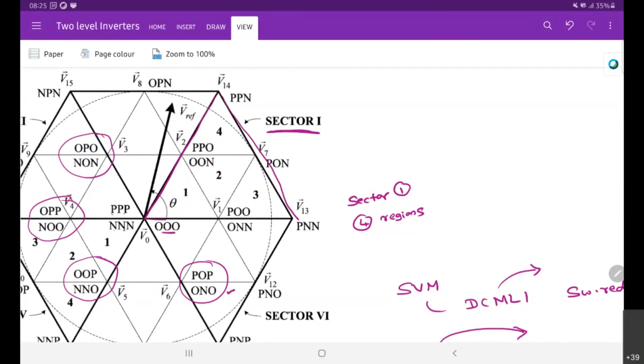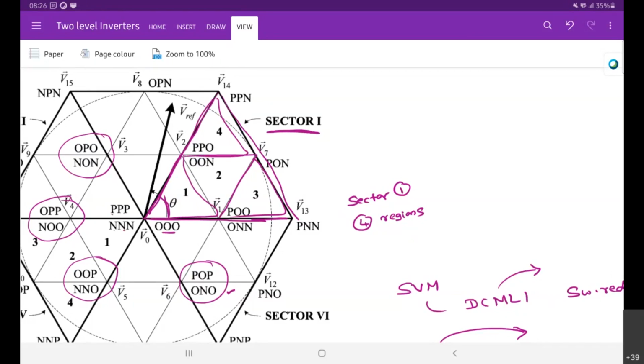We assume that this is 60 degrees, and this is sector 1. We have 6 sectors starting from sector 1 to sector 6. In each sector, we divided this into 4 regions: region 1, 2, 3, and 4.